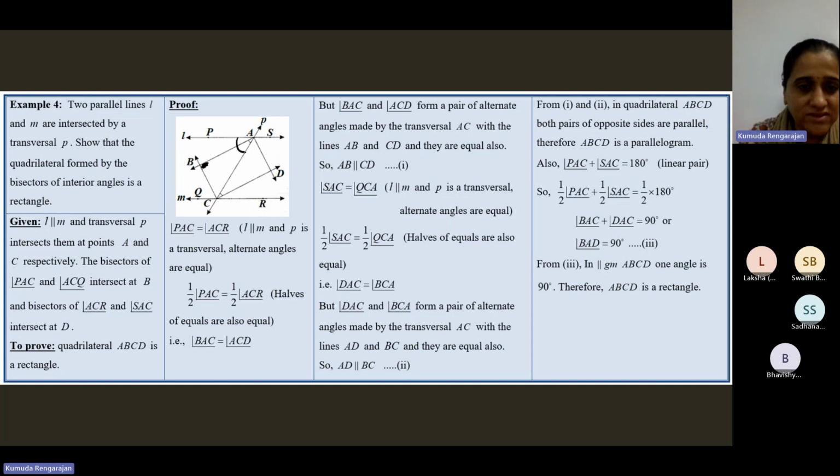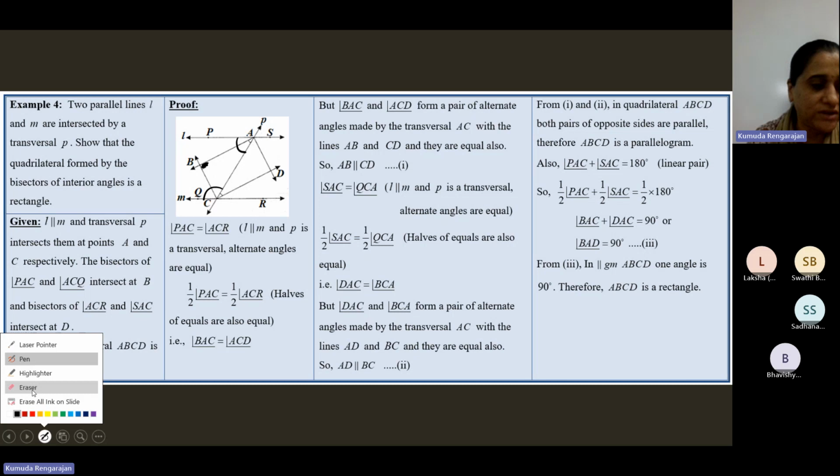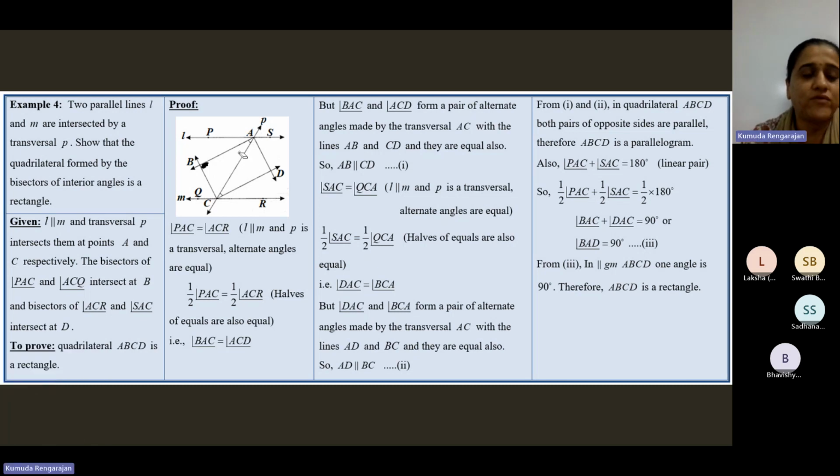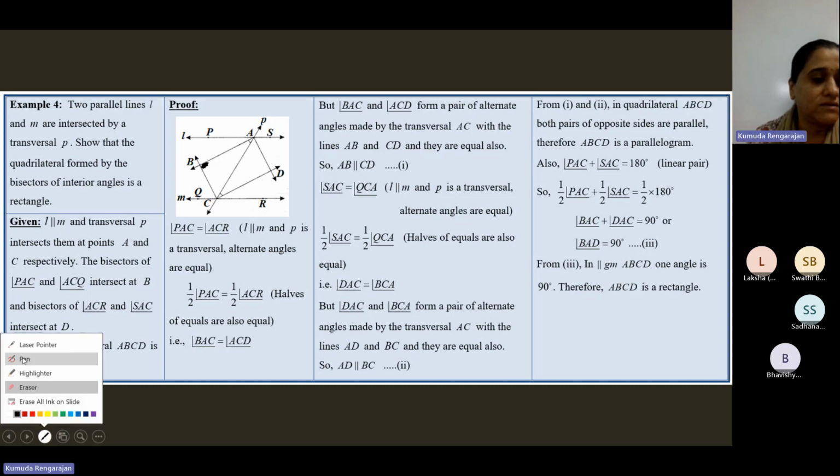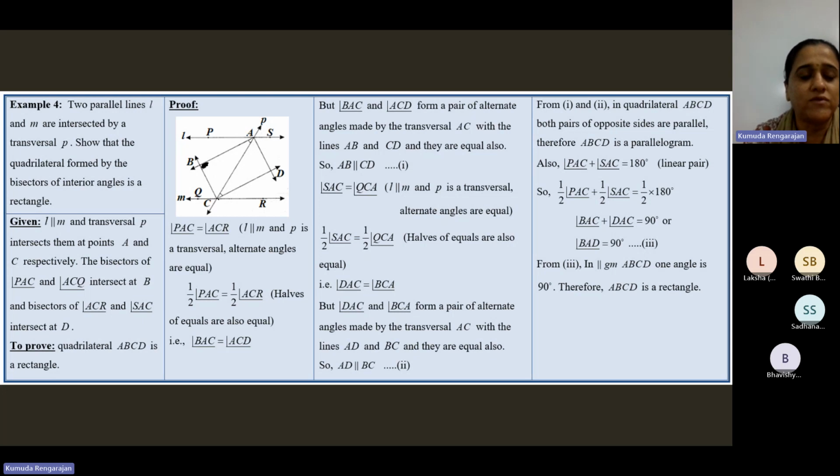So you can say this angle plus this angle is 180. Co-interior angles are supplementary. Half of this angle plus half of this angle, so their halves will be this and this, is equal to 90. So the sum of these two angles is 90 degrees.